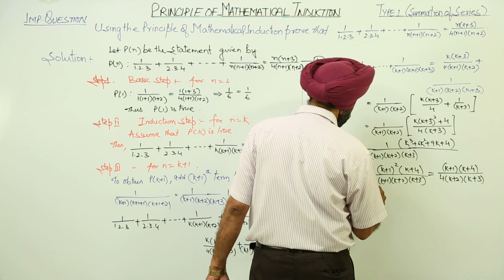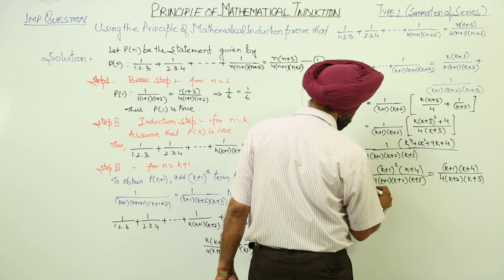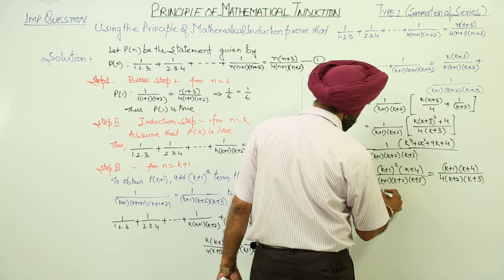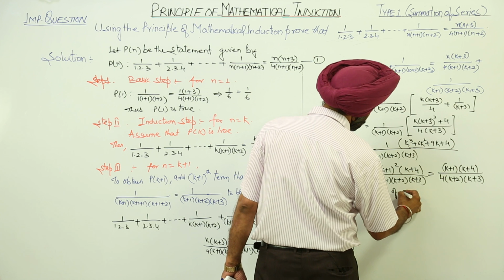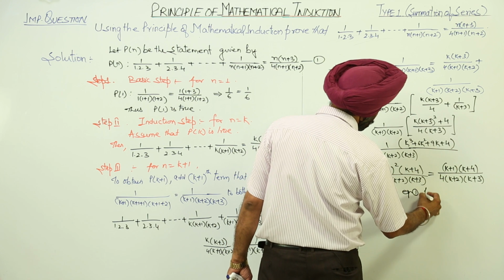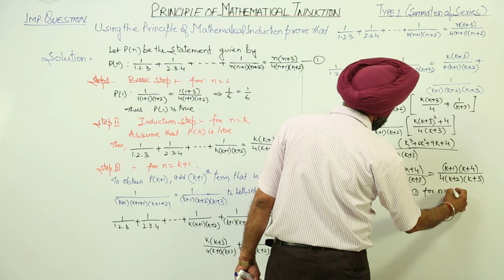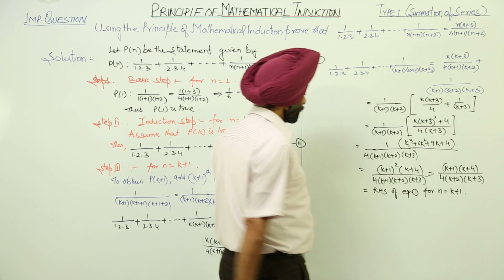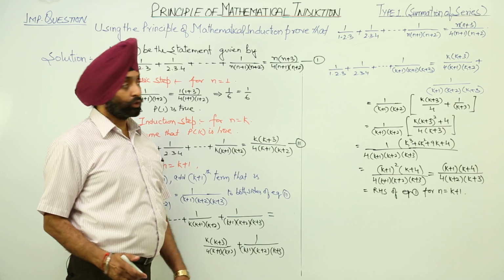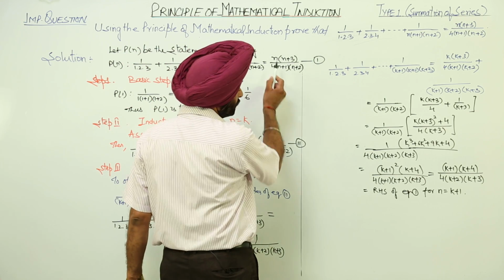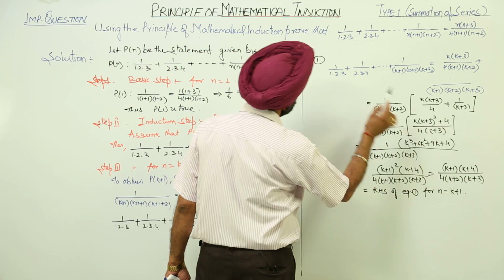Now, this is equal to right hand side of equation 1 for n is equal to k plus 1. Let us check it. Right hand side of equation 1, in place of n we are having k plus 1.